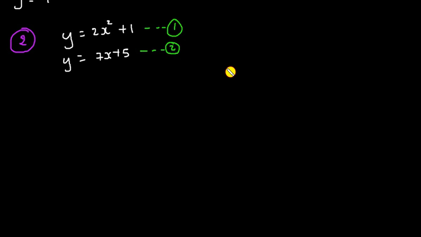Equation 1 has y equal to 2x squared plus 1. Equation 2 has y equal to 7x plus 5. Since y is equal to 2x squared plus 1, then in the space of the y in equation 2, we can simply substitute 2x squared plus 1.